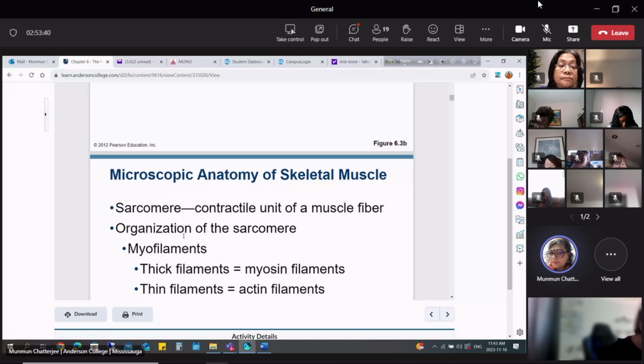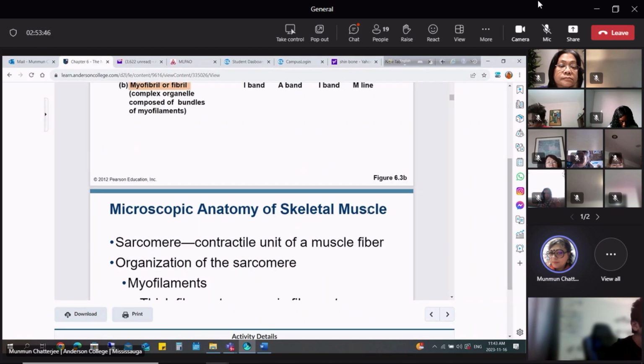What is the sarcomere? The contractile unit of a muscle fiber. It looks like a huge muscle, but there is a unit which contracts and passes the information, and then the progression of the movement takes place. So who starts that? The sarcomere is responsible; it is the contractile unit of a muscle fiber.